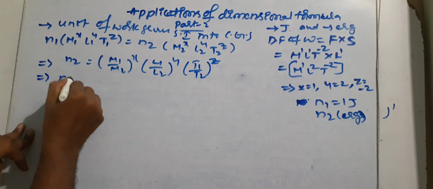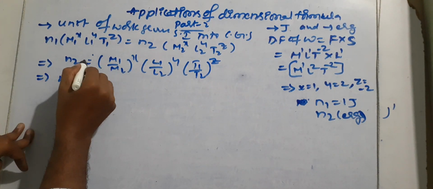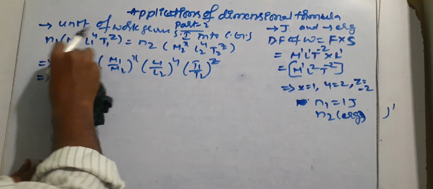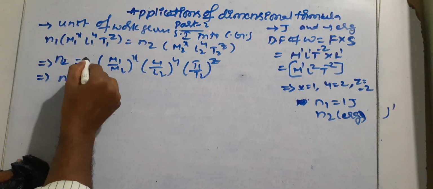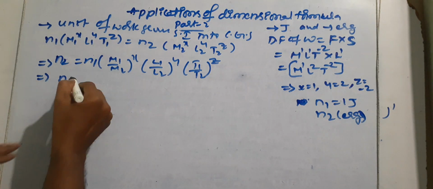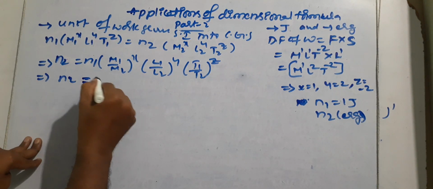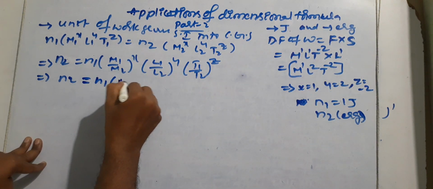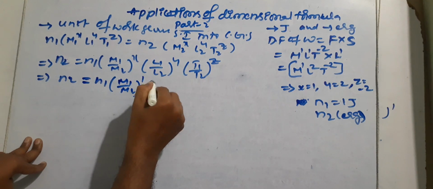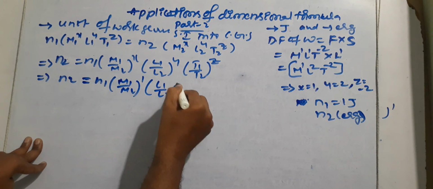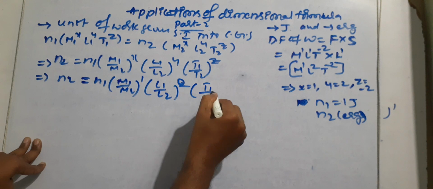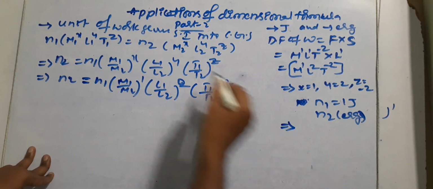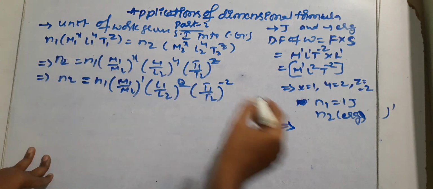So now, here N1 is there. N2 is equal to N1 of M1 by M2 whole power x, L1 by L2 whole power y, where y value is 2, and T1 by T2 whole power z, where this is minus 2, and this is taken from the principle of homogeneity.